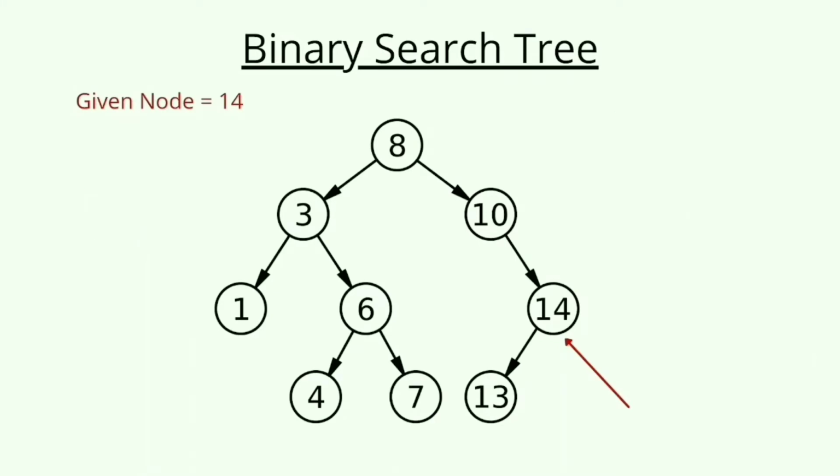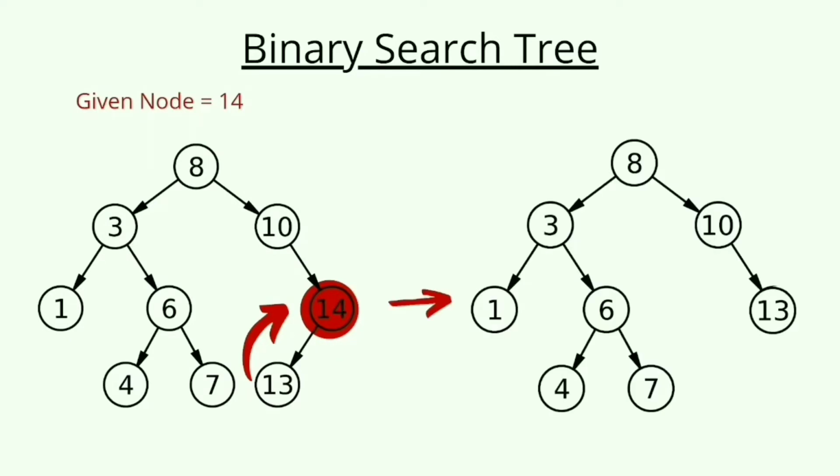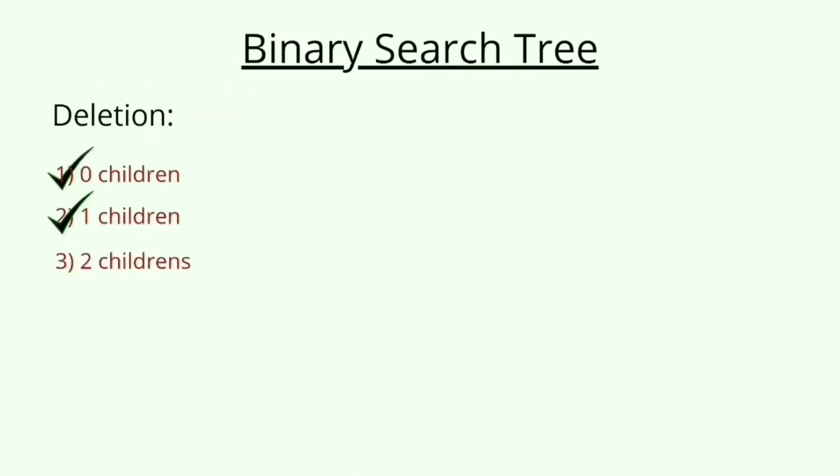So first of all we will perform searching operation, and then we will replace it with its children. Right? So here, after finding the node, we will replace it with its children. So after replacing it, we can simply delete the last node. Right? So this is about the node with one children.